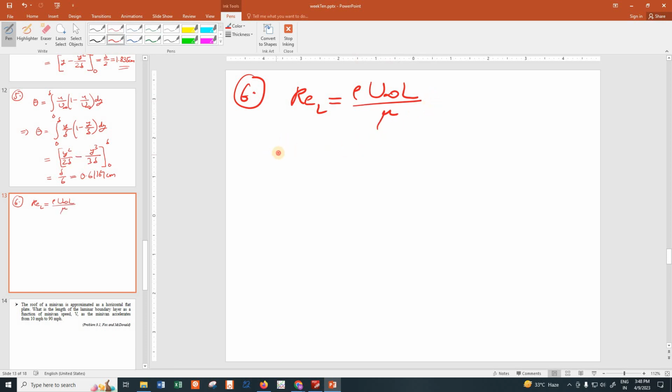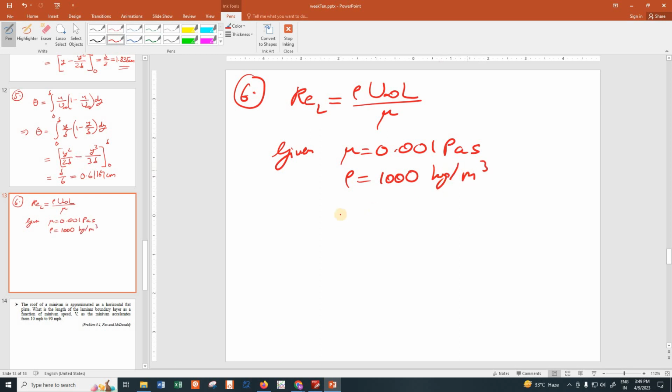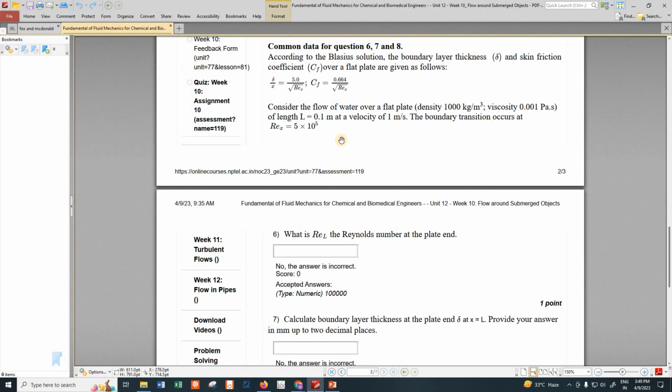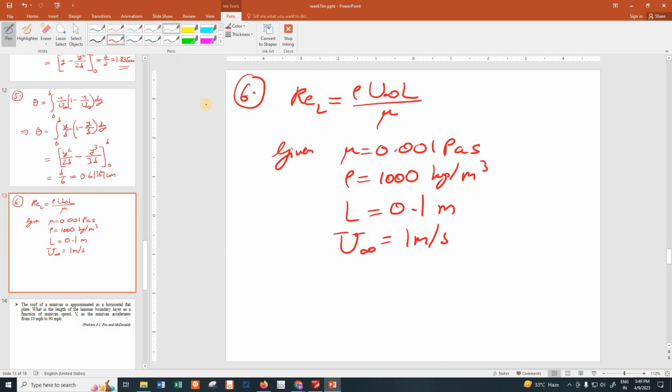Given viscosity 0.001 Pascal second, rho is 1000 kg per meter cube, L is 0.1 meter, and U infinity is 1 meter per second. Let me just check everything is right. Okay, fine, everything is fine.